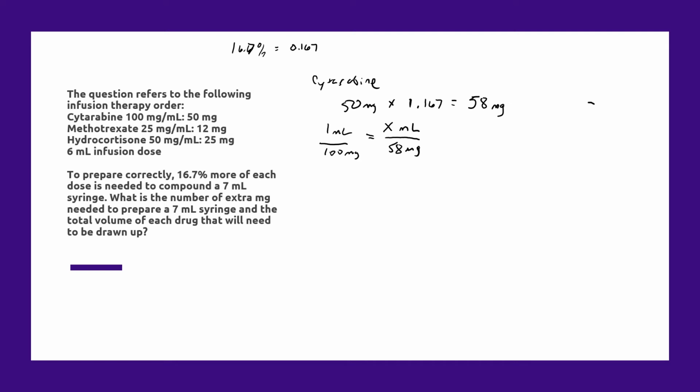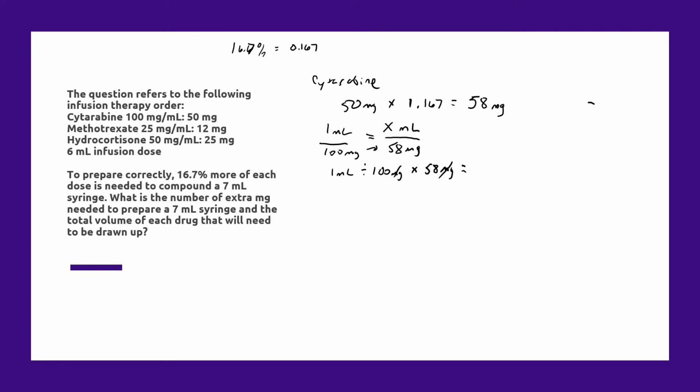And then to solve this, we take that left side of the equation and solve for it. So 1 milliliter divided by 100 milligrams, and then we cross multiply by that 58 milligrams. When you do that, your milligrams cancel out, and we'll be left with the volume of cytarabine.